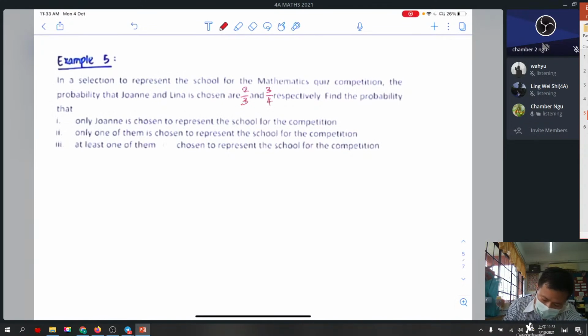If we look at Joanne first. Joanne is chosen 2/3. That means Joanne is not chosen 1/3.